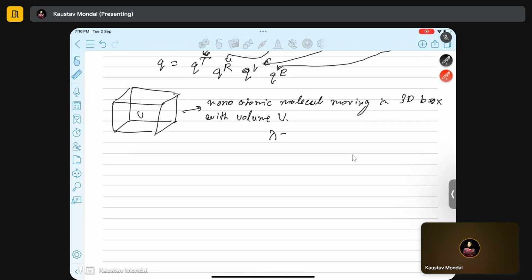Lambda equal to h by... sorry, this is the thermal wavelength. So the molecular partition function looks like this: q equal to V by lambda cubed, right, where V is the volume of the container and lambda is the thermal wavelength.